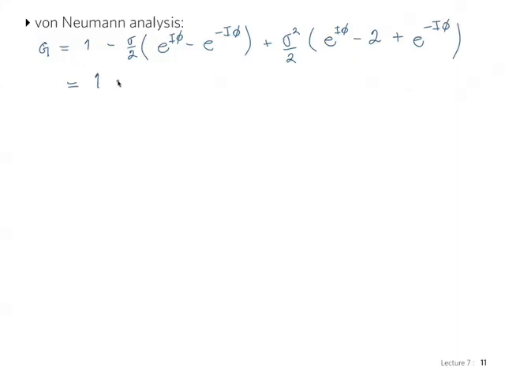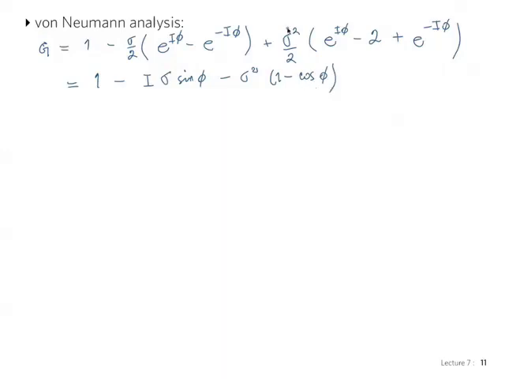This is equal to 1 minus i sigma sine phi minus sigma squared times 1 minus cosine phi.